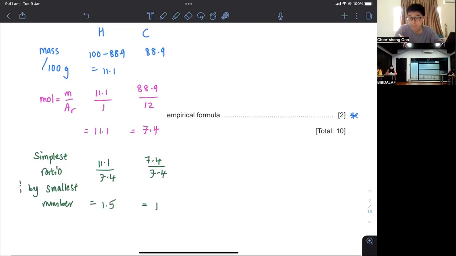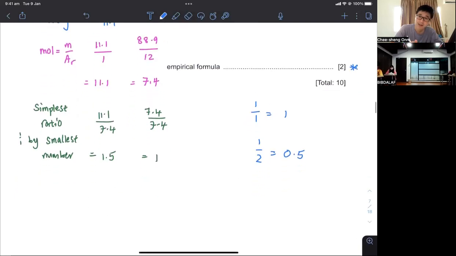Now you have a problem. This is 2 marks. If you stop there, you will realize that 1.5 is not a whole number. From primary school mathematics, 1 over 1 equals 1. 1 over 2 equals 0.5. These are some numbers you need to keep an eye out for. 1 over 3 equals 0.33.